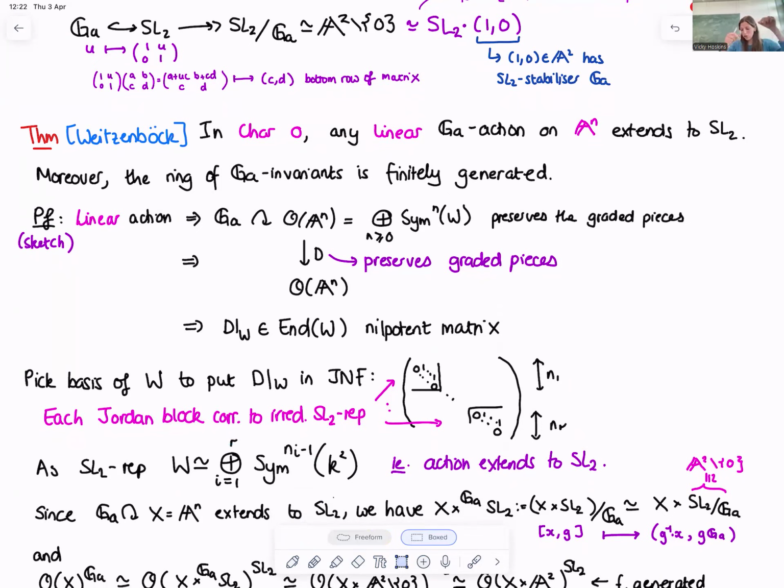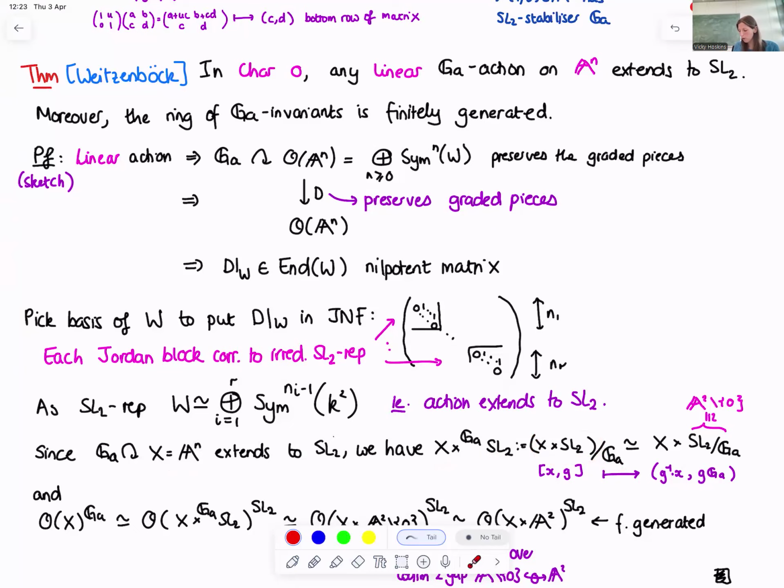Then what you can do is take this Borel construction, where I'm just writing X for A^n. You take the product of X by SL2 and you take the diagonal action of GA on this and you take a quotient. Now this quotient is actually isomorphic to X cross the quotient of GA acting on SL2.